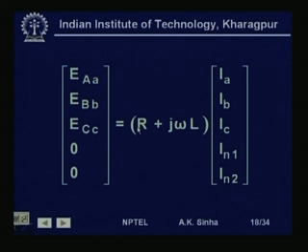This is equal to R plus j omega L, which will again be a 5 by 5 matrix, into I_A current in phase A, I_B current in phase B, I_C current in phase C, I_N1 current in neutral 1, and I_N2 current in neutral 2 or ground 2.